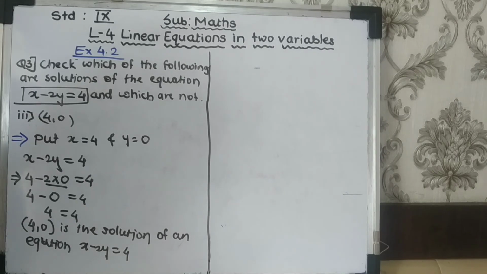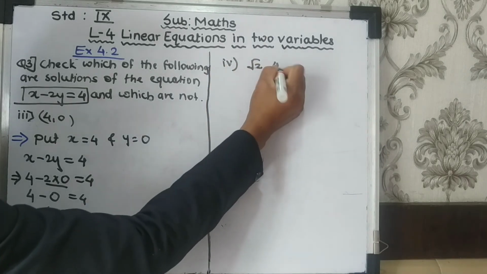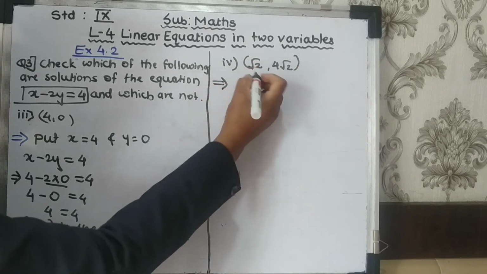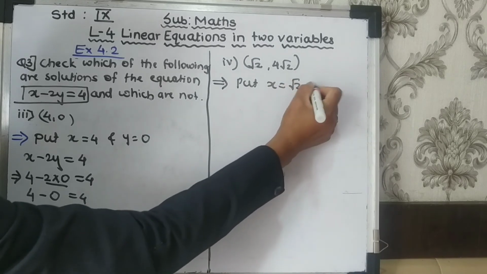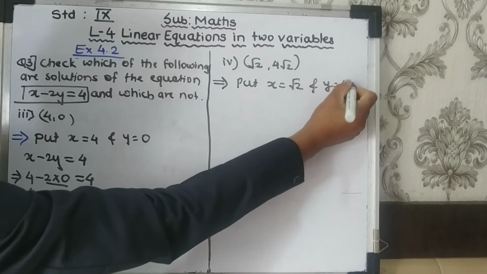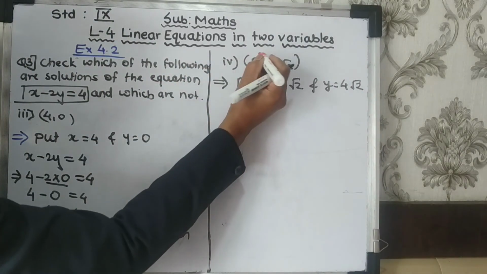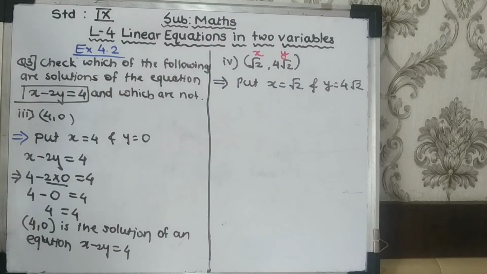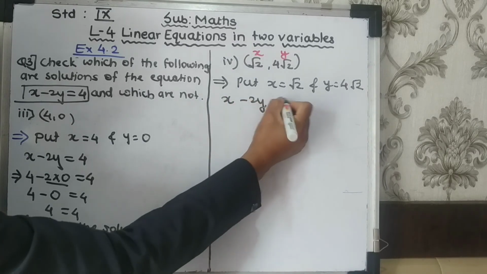Similarly, we will go for the fourth one, root 2 and 4 root 2. Here we will put x is equal to root 2 and y is equal to 4 root 2. Understood this one? Always the first one represents x value and the other one is y value. So wherever x is there, first of all we will write the equation equals to 4.